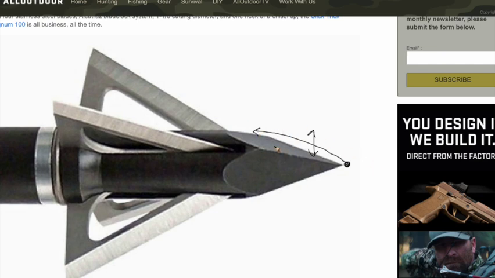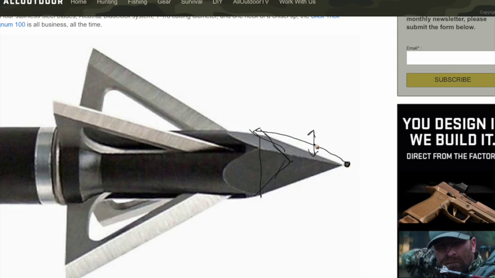So if you're going to use a chisel tip, a longer chisel tip like this is going to have a much better mechanical advantage than a chisel tip that's stubbier like this. If we had a chisel tip that was stubbier like this, then your mechanical advantage would be very poor. And of course, if we just put a blunt on here, then we would have terrible mechanical advantage, and that would generate a huge amount of push force as this thing impacts animal material.